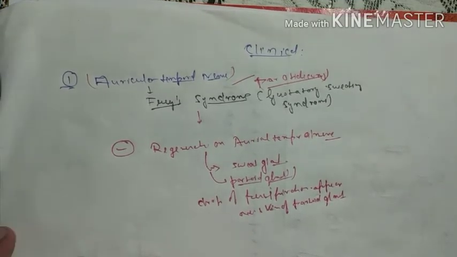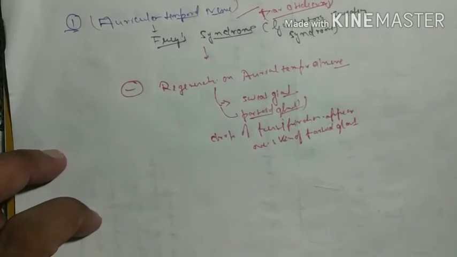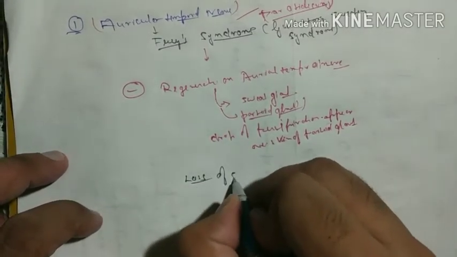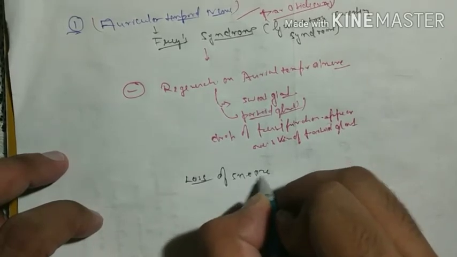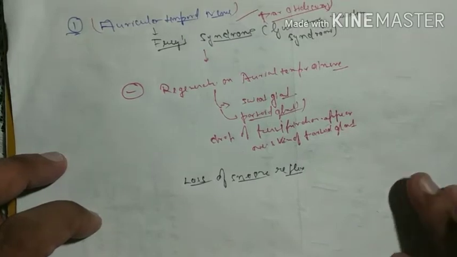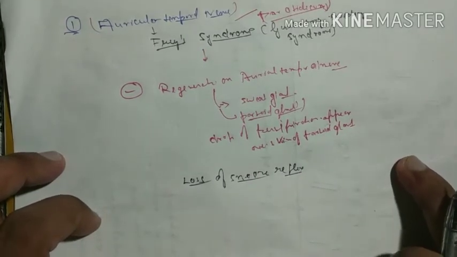The second is loss of the sneeze reflex. Whenever there is an injury to the maxillary nerve, there is a loss of the sneeze reflex.